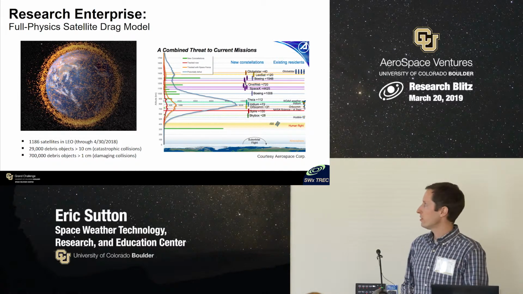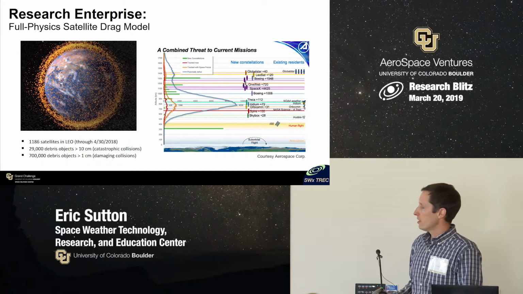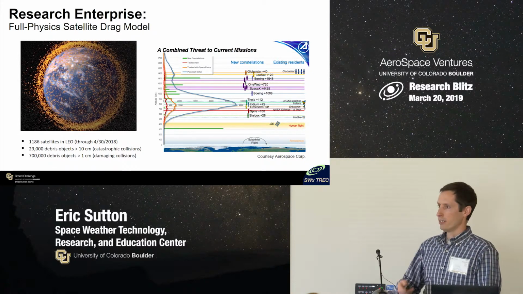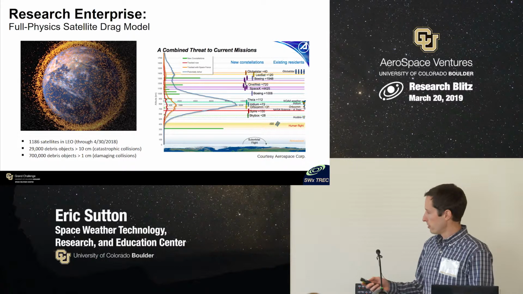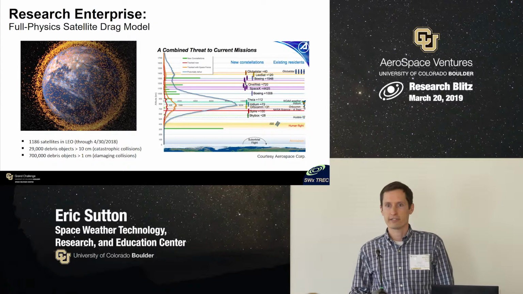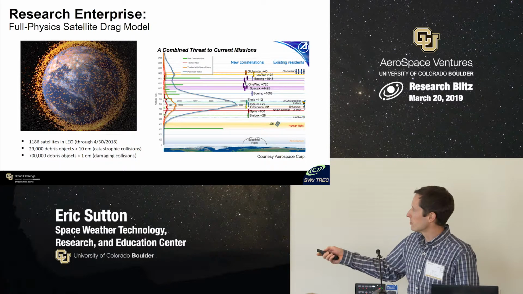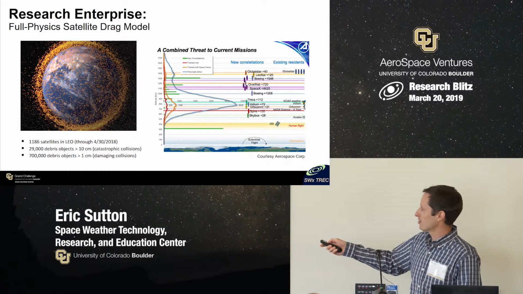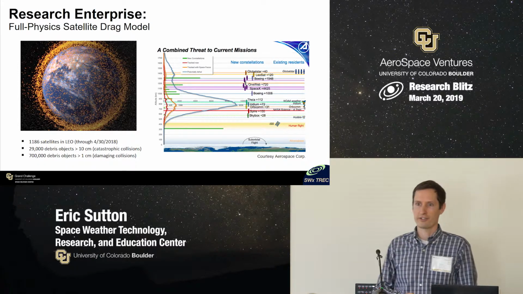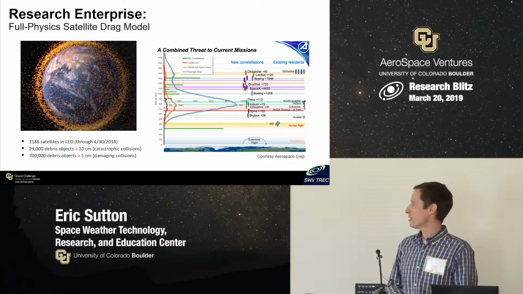As most of you probably know, in the last few years, low Earth orbit or LEO has become a very popular destination for a number of commercial applications. I'm showing here on the right hand side a projection of satellite constellations that are set to pop up over the next couple of years, and you can see the numbers right next to these companies are usually hundreds, sometimes thousands of small satellites going into low Earth orbit.